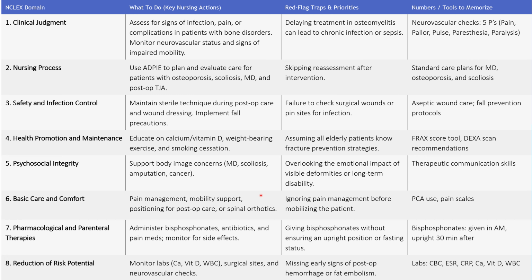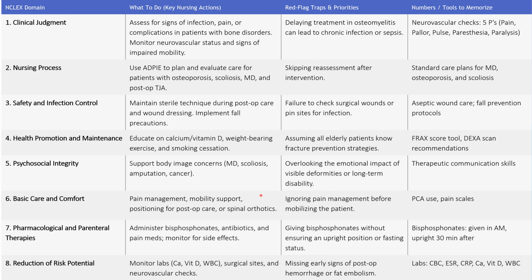So, ignoring pain management before mobilizing the patient. Every time a patient is in pain, post-op or with some diseases, when you provide care or repositioning or go to physical therapy, you need to make sure that it's mostly pain-free.